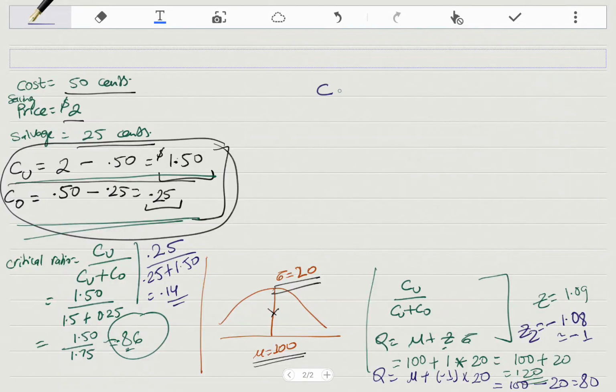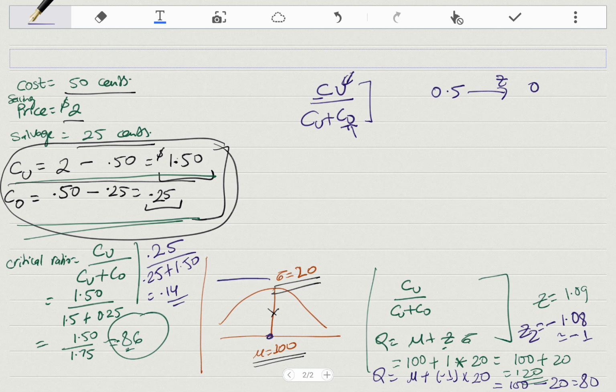Remember, our critical ratio is defined as CU divided by CU plus CO. This ratio is going to be 0.5 only when CU is equal to CO. In that case, the equivalent Z for the probability of 0.5 is 0. If the cost of ordering more and the cost of ordering less are exactly the same, then you have no way to move away from the mean.